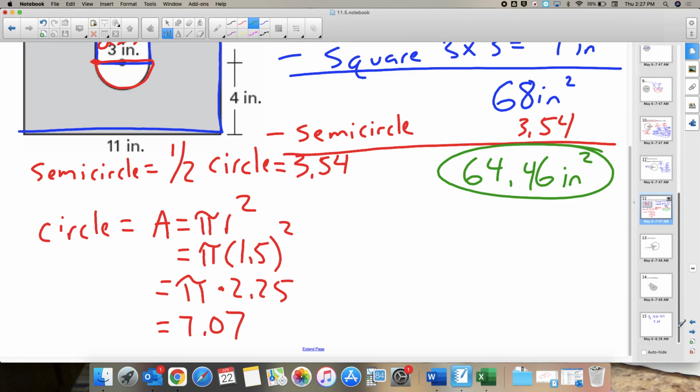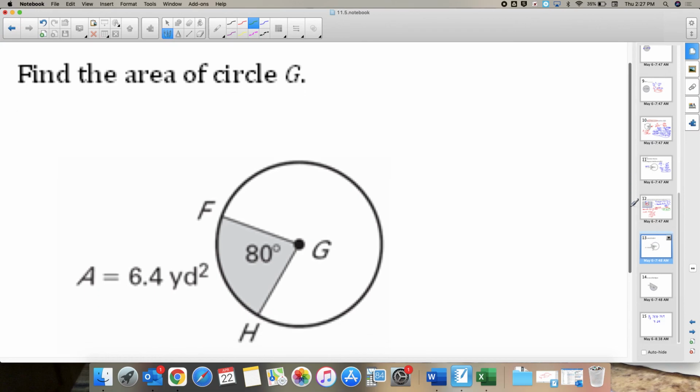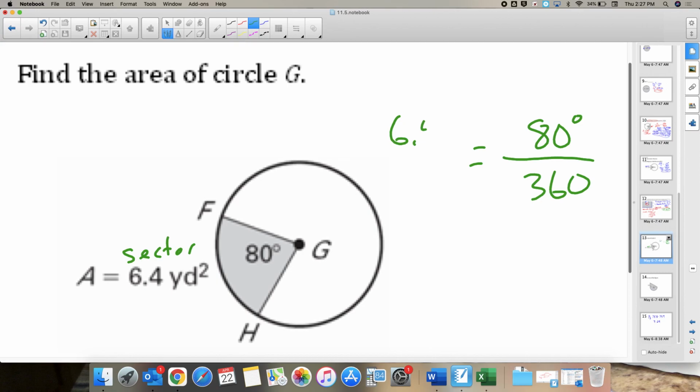All right, two last examples to look at. First one says find the area of our circle. So once again, since we're finding the area of the circle, this must be the area of our sector then. So we are looking at an 80-degree sector out of my 360. The area of our sector is our 6.4. Area of the circle, that's what we're trying to find.